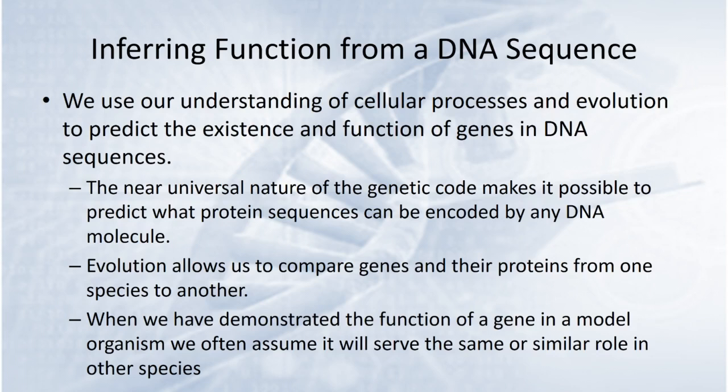So when we've demonstrated the function, doing actual experiments from one model organism, for example E. coli, when we find a protein sequence that we know and can demonstrate is homologous in our bacteria, then we can, right or wrong, and sometimes it's not as simple as that, apply that function to that sequence.